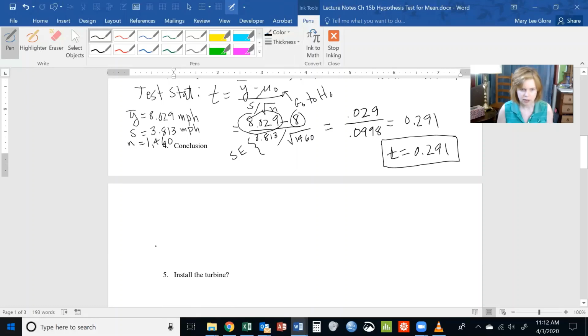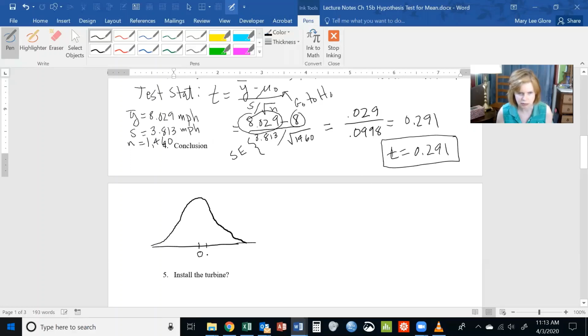We talked about a t when we did the confidence interval. A t is a lot like a z. It looks very much like the normal curve, just the tails are a little bit fatter. So 0.291 is less than one, like a third of a standard error.